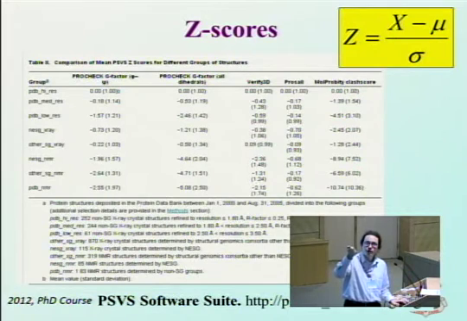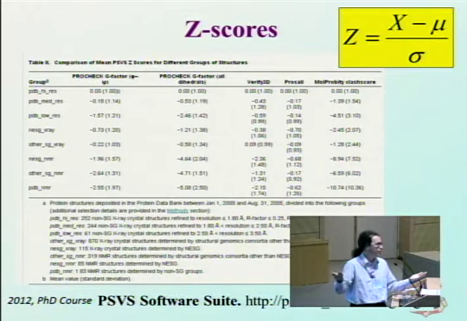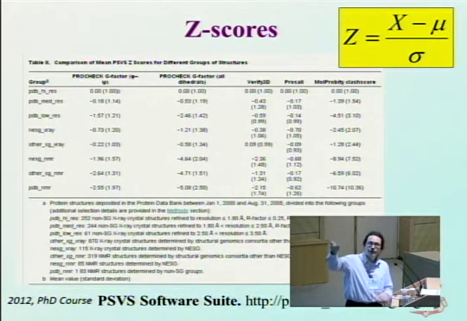Z-score is the common way to quantitate the deviation between your protein and the reference distribution, for the PDB for example, where you have your own value that you measure, for example, the number of residues in the best Ramachandran regions for your protein, against the average that you see for the reference high-quality structures, divided by the standard deviation of your reference distribution.